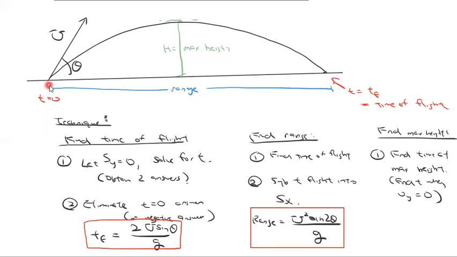Because basically, as you go up, your vertical velocity gets lower and lower until it stops. And when it stops, that's when it's at the max height and it's going to go negative. So basically, you solve for time when Vy equals 0. And you should find that Ty there. Let me give myself a little bit more space here.